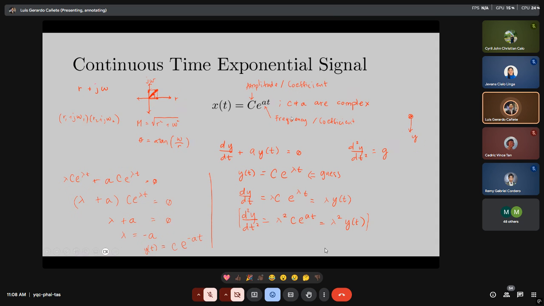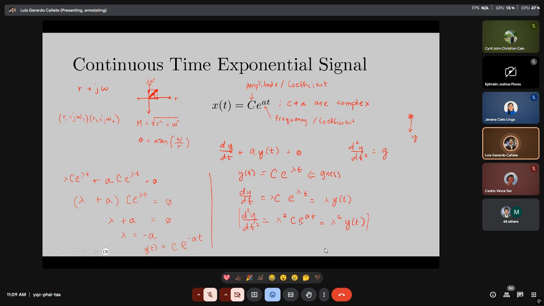Now, of course, because of this unique property of exponential signals, wherein their derivatives are just scaled by the coefficient. So let's say the first derivative of y of t would be lambda multiplied by y of t itself. And then the second derivative would just be the square of the coefficient lambda multiplied by the original y of t.